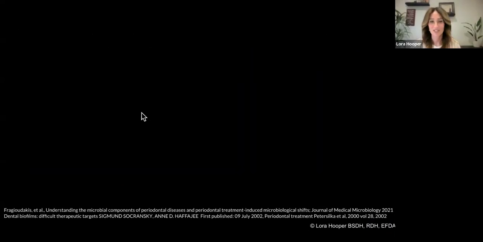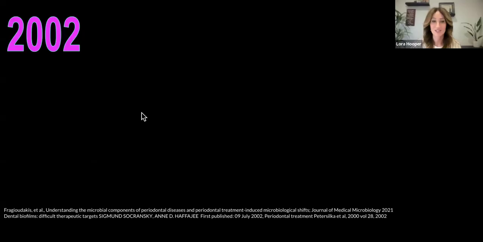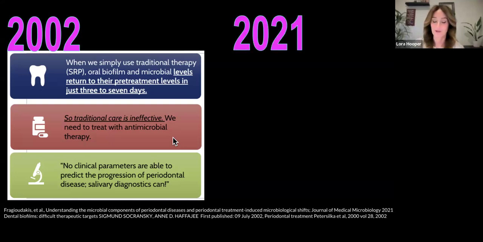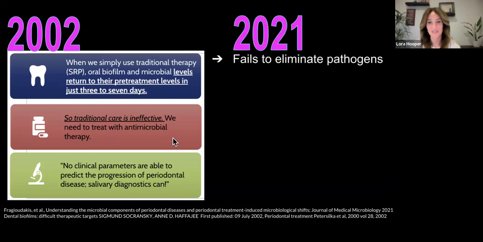We've known for years, all the way back in 2002, that even if we break up those biofilms and we're doing scaling and root planing, they can start to return to their pre-treatment levels in as little as 3 to 7 days. And the Journal of Medical Microbiology of 2021 told us, yes, they confirm this, because we cannot completely eliminate them.